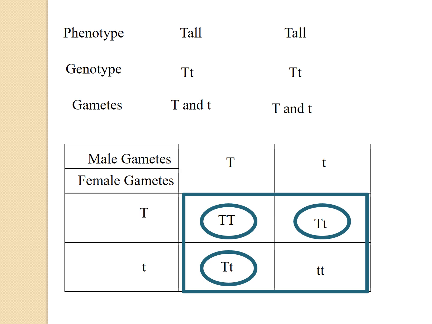So from the four boxes, three are already tall, and this one square, where both are small t, has the recessive gene. It does not have the tall gene, and that is why this is going to be dwarf.